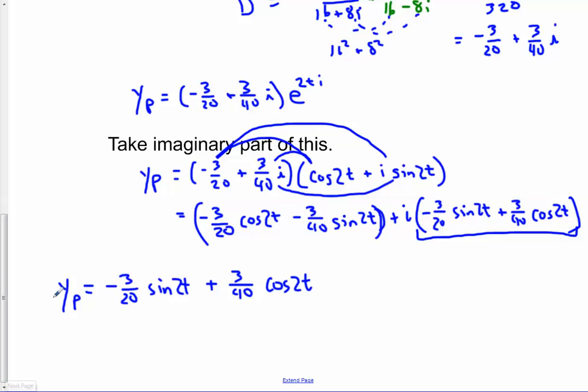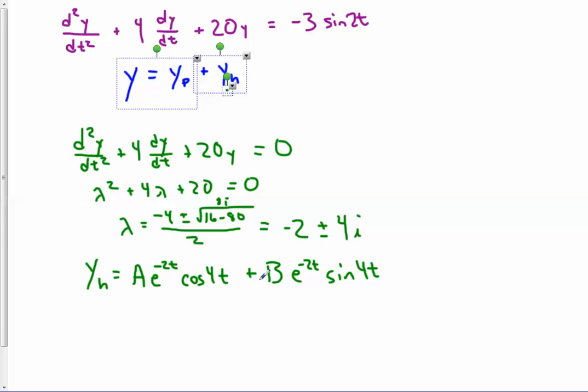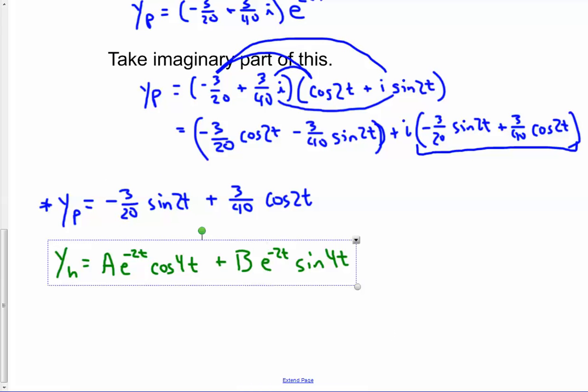Now, just to finish this off, that's our particular solution. Remember, our homogeneous solution was right here, and so we would put it all together. So I've copied them both in the same place.